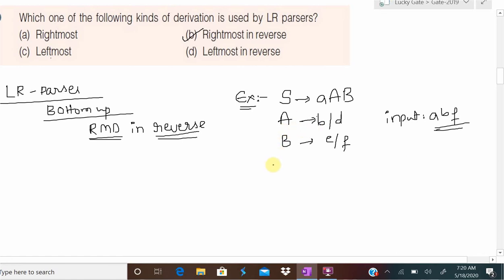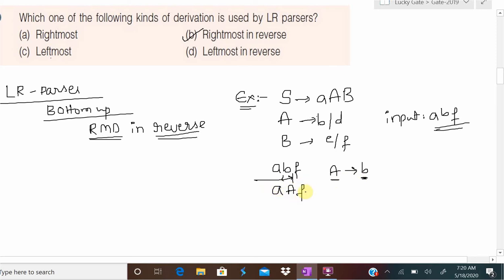In the bottom-up parsers, it has to identify the RHS of a production by scanning the input from left to right. The RHS of a production we call the handle. Here it identifies the RHS of a production, B, which matches the production A tends to B, so that B is called the handle, and we replace this B with its left hand side A. This is called handle pruning.